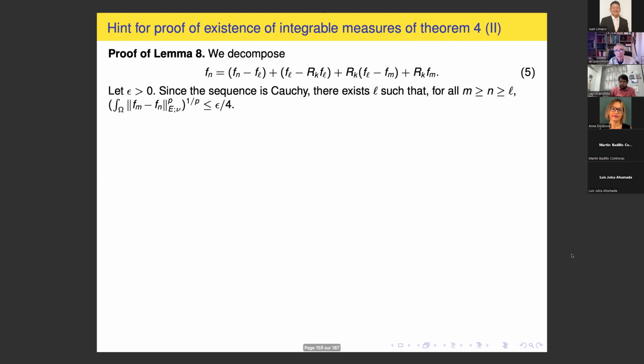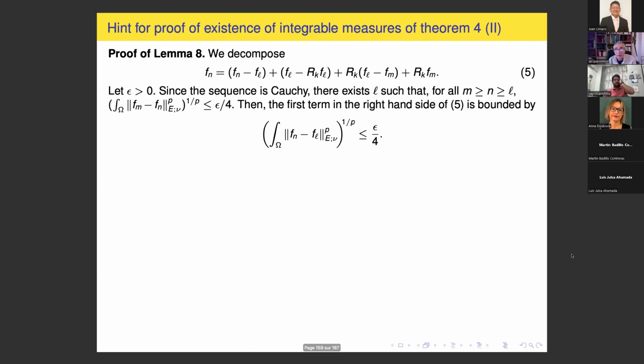And we see that if epsilon is positive, there exists a sequence such that Fn minus Fl goes to 0. So I can choose n such that it is smaller than epsilon over 4. And then the first term in the right-hand side is bounded by epsilon over 4.